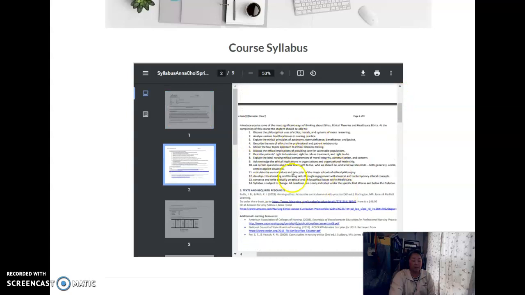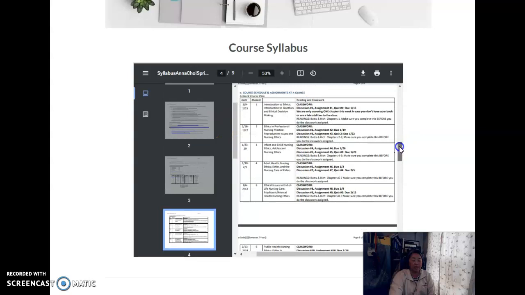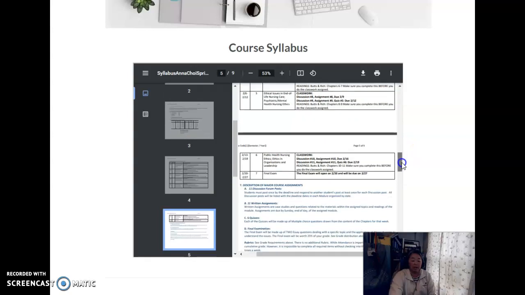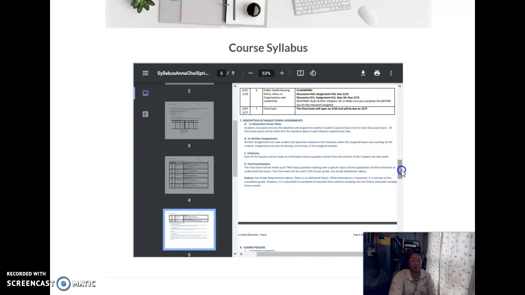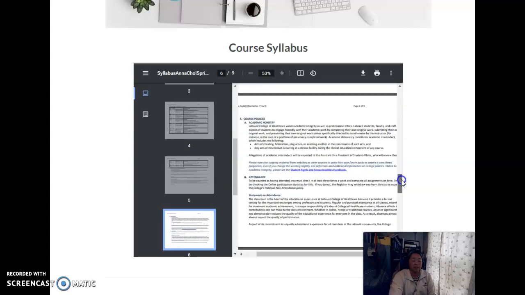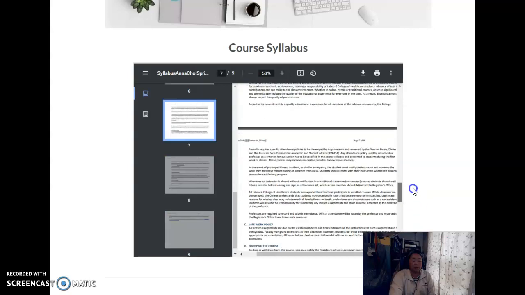There are some important bullet points that I wanted you to look at. There is the grading system, the week-by-week assignments that are going to be there, and then descriptions of how I'm going to assess it, and then the different rules and regulations right here, okay?